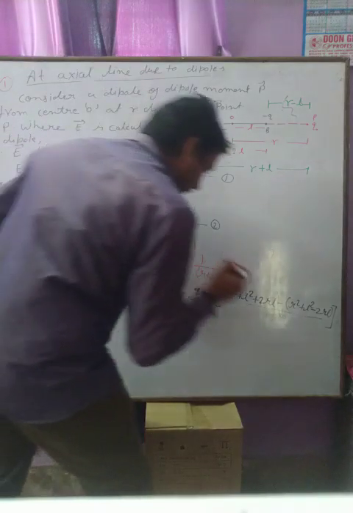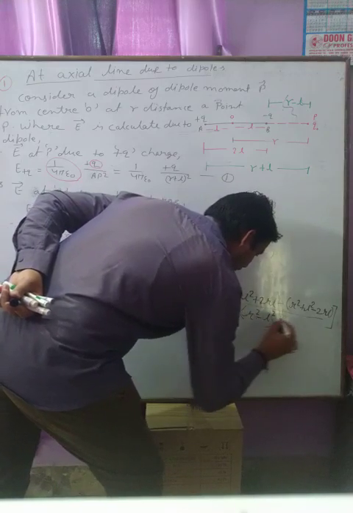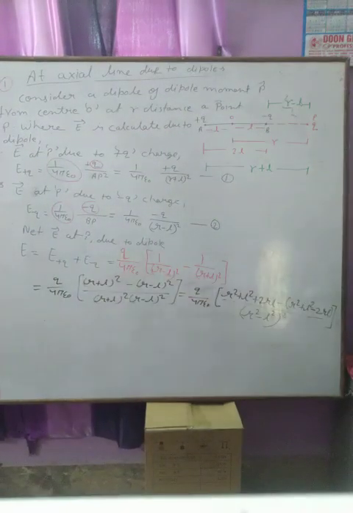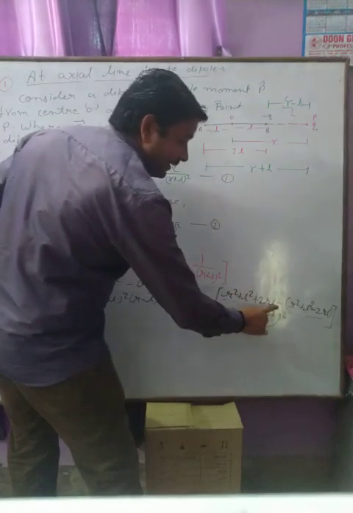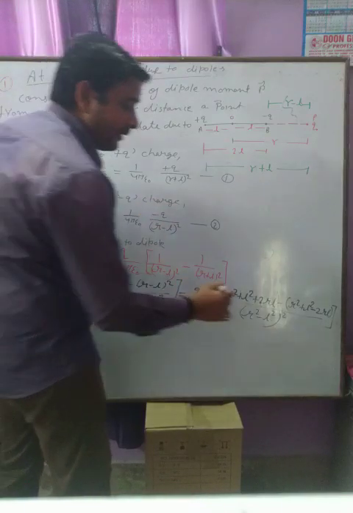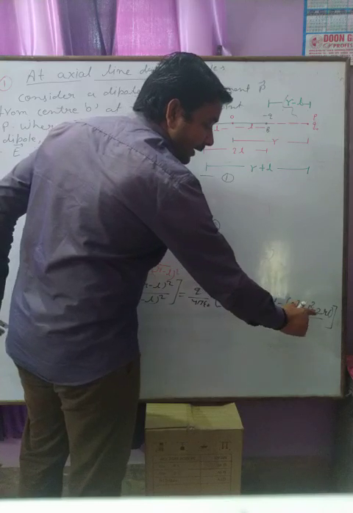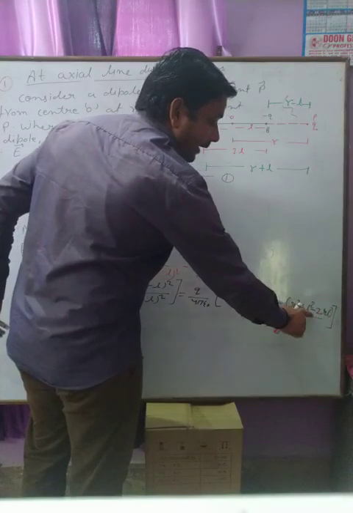We are using the identity (R plus L)(R minus L) equals R square minus L square, whole square in the denominator. When the minus is multiplied inside the bracket, it changes the sign of R from positive to negative, L from positive to negative, and 2RL from negative to positive.